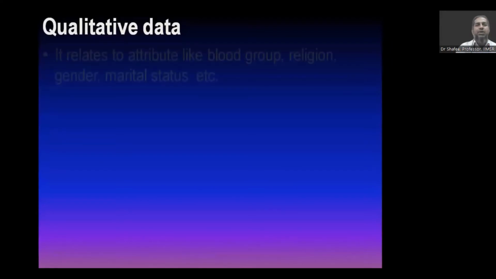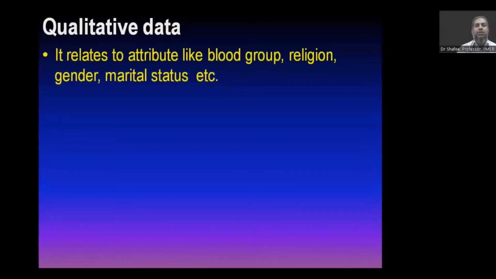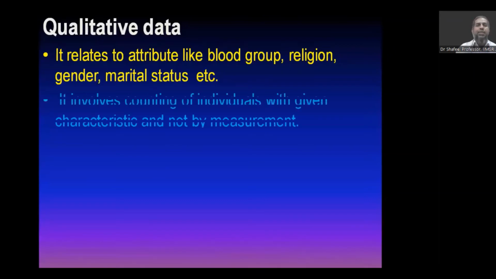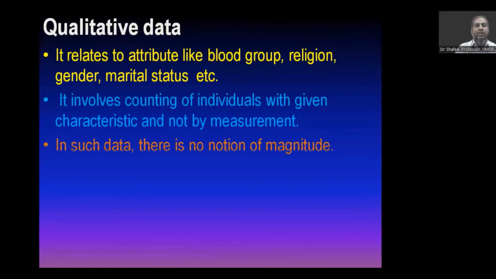Coming to the qualitative data, so I already told you qualitative data is related with the quality. So it relates to the attribute like blood group, religion, gender, marital status, etc. It involves counting of individuals with given characteristics. So qualitative data will be the description of characteristics and not by measurement. In such data, there is no notion of magnitude.